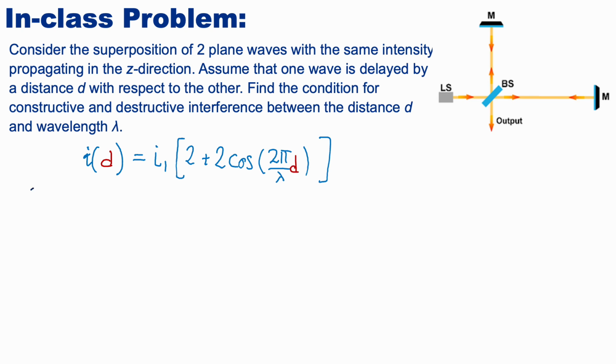So we say that we're going to have constructive and destructive interference, but the constructive interference is the one where the total intensity is maximum.